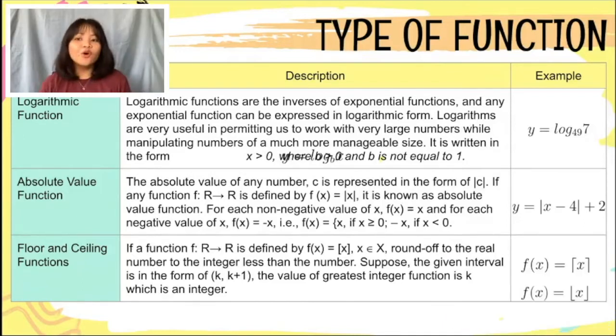Last one, we have floor and ceiling functions. So, yung nakikita nyo ganon, tapos may pababa, nasa taas siya, of course, that's ceiling function. Pag nasa baba naman, that's floor function. Pag ceiling function, you're going to round up yung nasa loob mo. Pag floor function naman, you're going to round down to the nearest whole number.